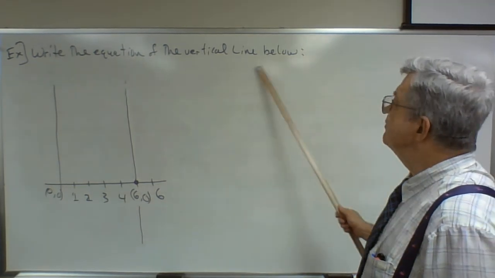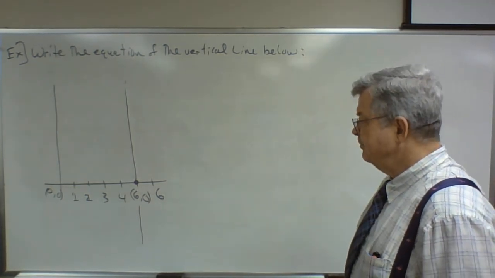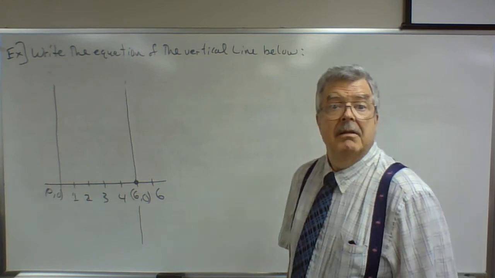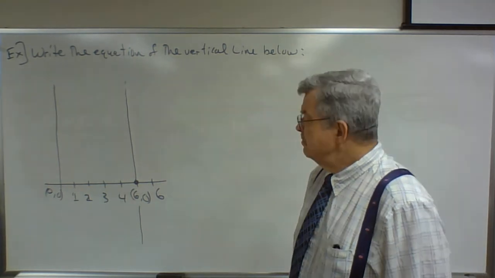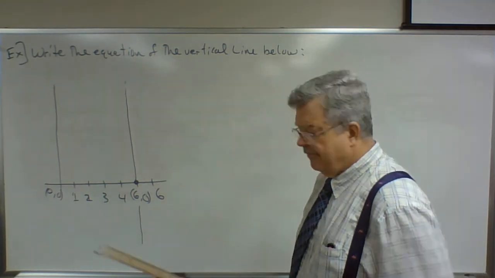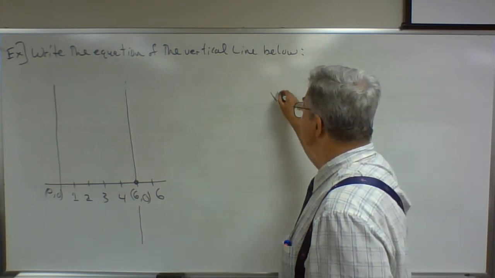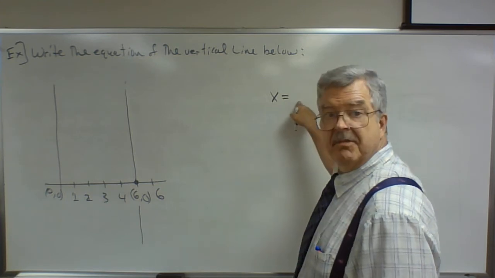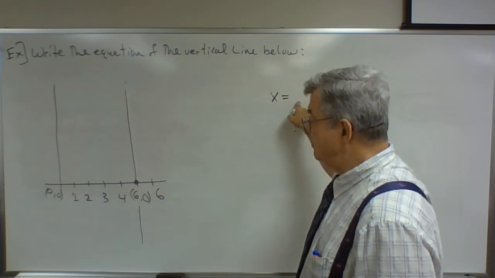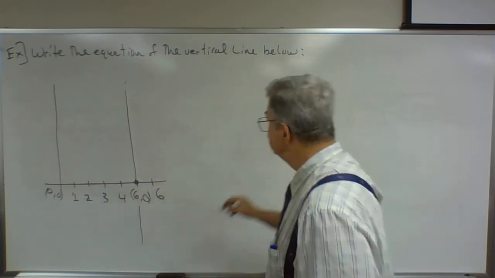Write the equation of the vertical line below. Well, the form of an equation of a vertical line is x equals the x-intercept, which in this case is x equals 6.